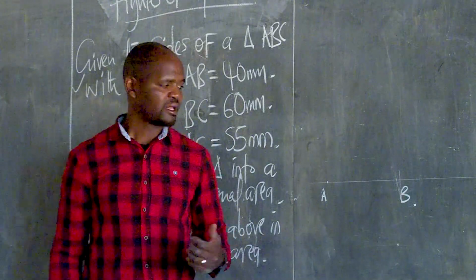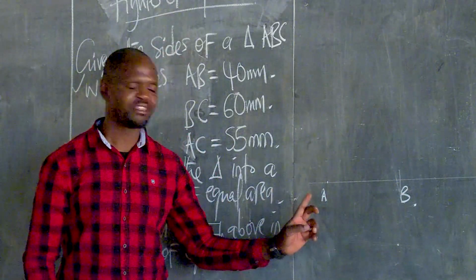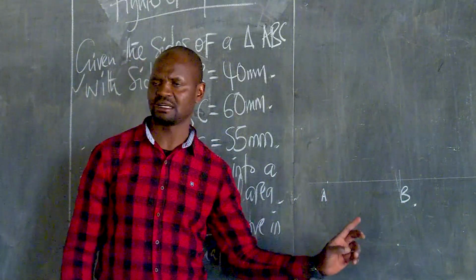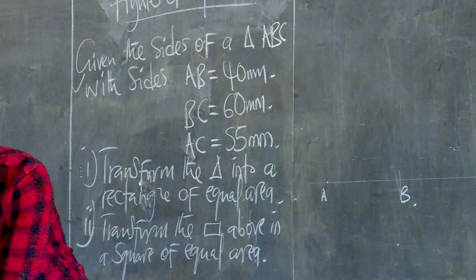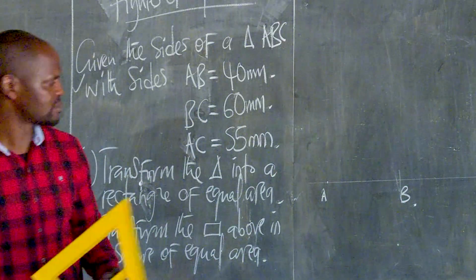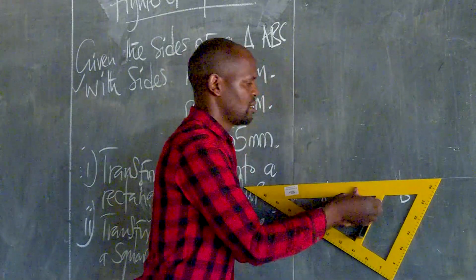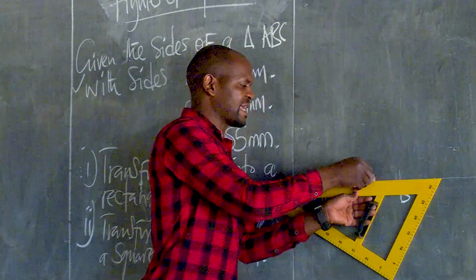Are we together? Yes, sir. But then, since I know that my line AB starts from here and ends there, then I will outline this line.